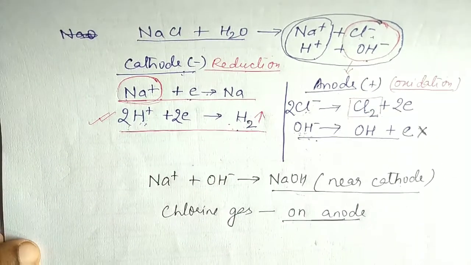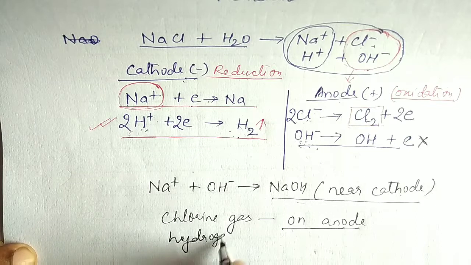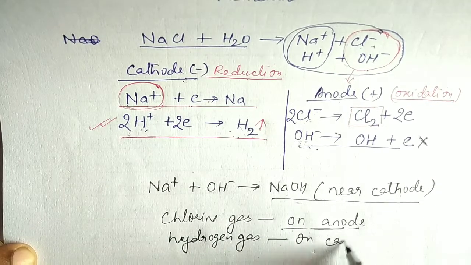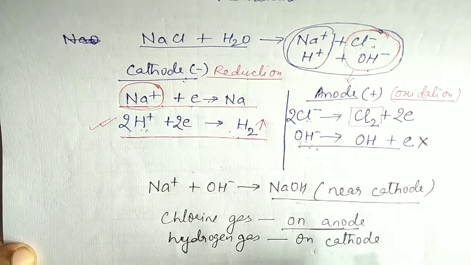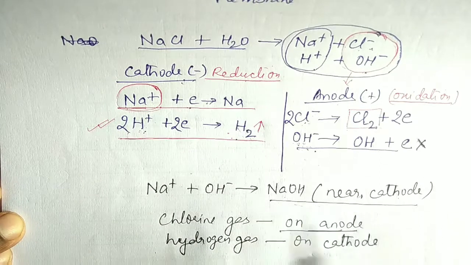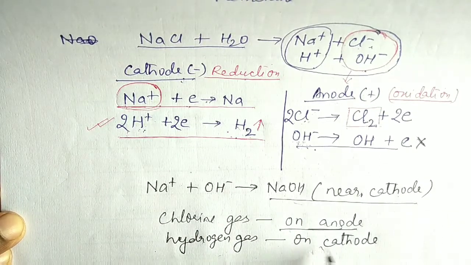Chlorine gas is formed on the anode. Hydrogen gas is formed on the cathode. So these are the three products of this process: NaOH near the cathode, chlorine gas on the anode, hydrogen gas on the cathode.